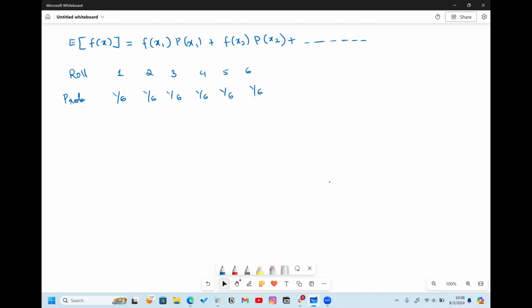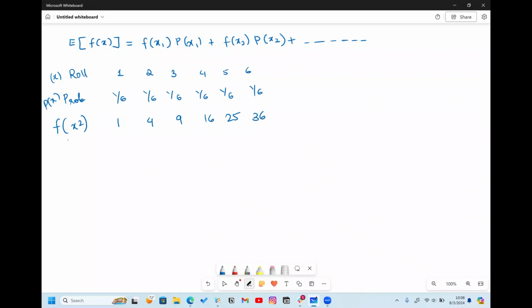Let's say the roll is x and this is p of x, and we want to square it. So the function here is a square function: 1, 4, 9, 16, 25, and 36.